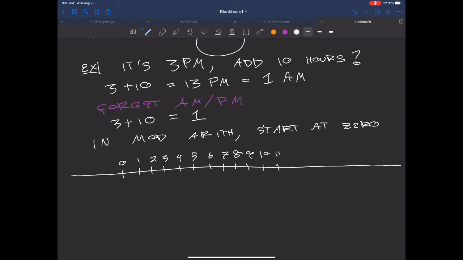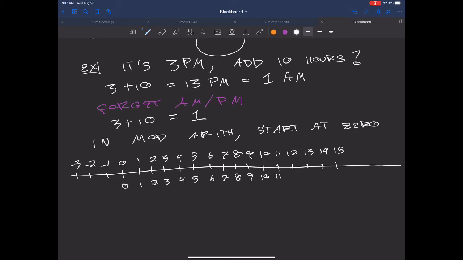Okay. Now in modular arithmetic, so up here at the top, we've got the numbers that we know and love. Okay, this is our basic number line. In modular arithmetic, all right, the numbers between 0 and 11 end up being the same, okay?